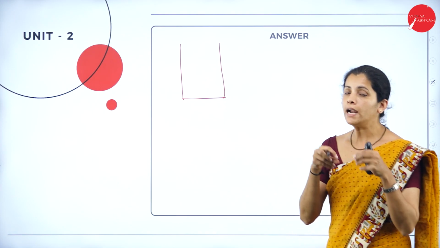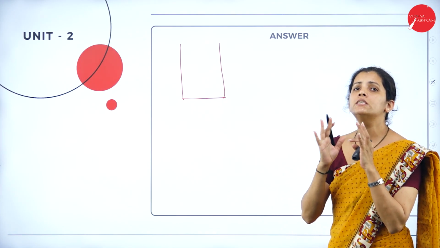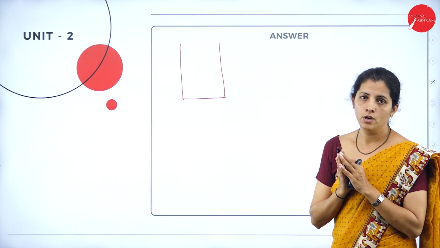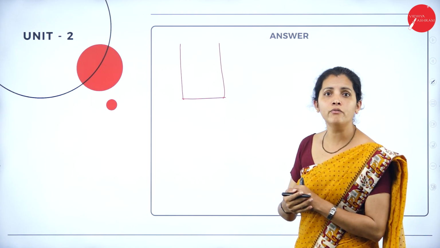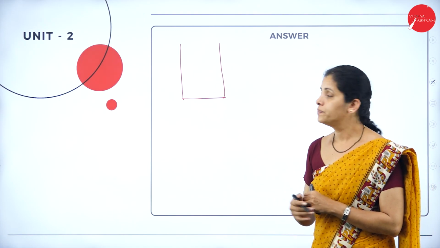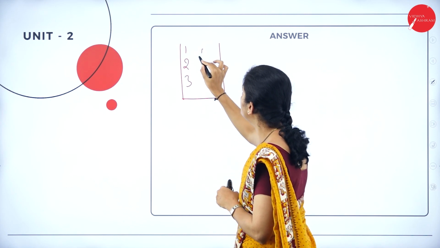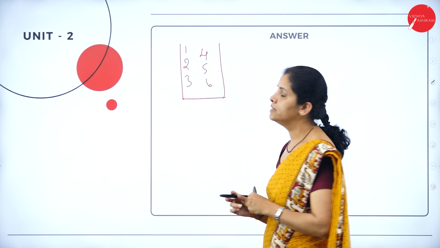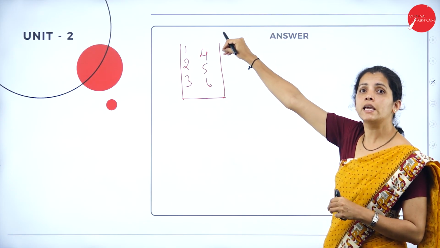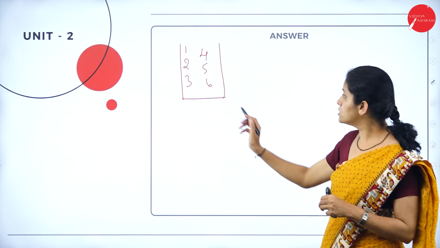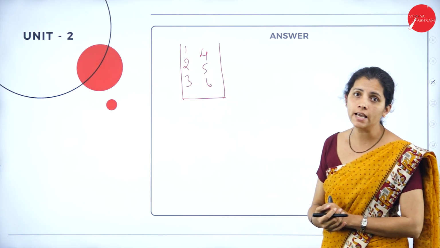In that basket, I am able to store only the same kind of value. For example, I have numbers 1, 2, 3, 4, 5, 6. I have the basket, and in that I am going to store only the same kind of value. And this is known as an array. So, it's a collection of homogeneous elements.